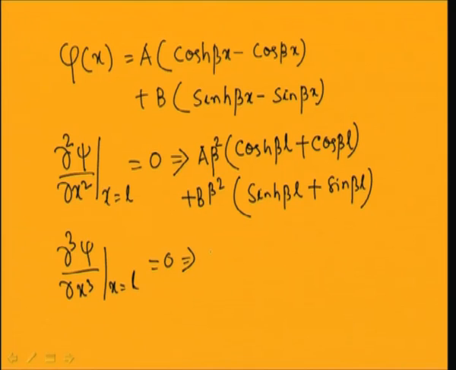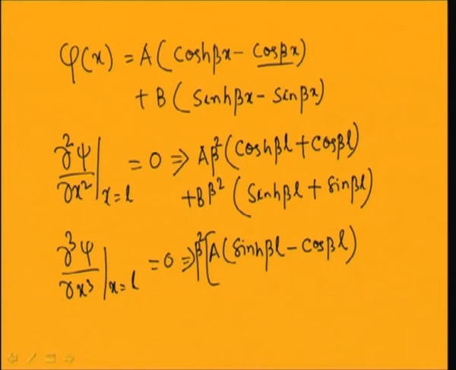So I can take this beta square common, and this becomes a into sin hyperbolic beta L. Then for this term, differentiating it twice, cos becomes minus sin, so this becomes plus sin, then differentiating again becomes plus cos, and differentiating again becomes minus cos. So this becomes minus cos beta L.